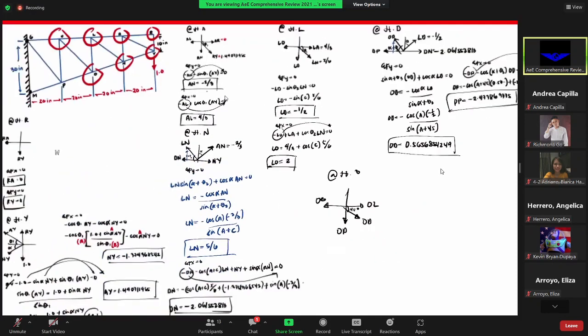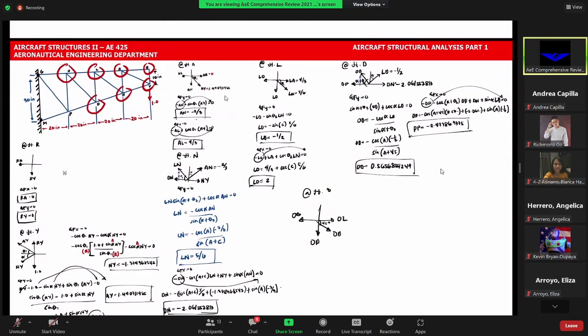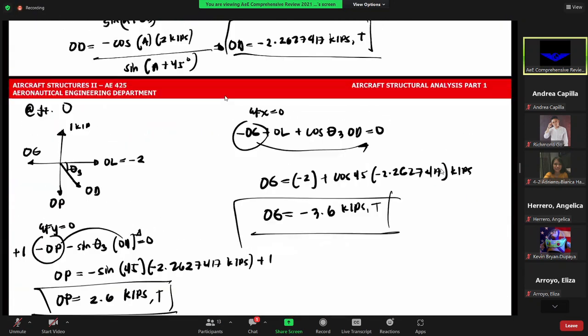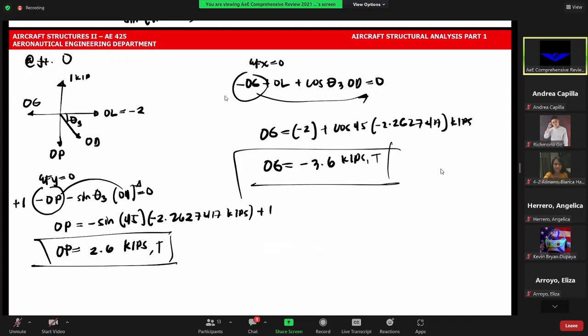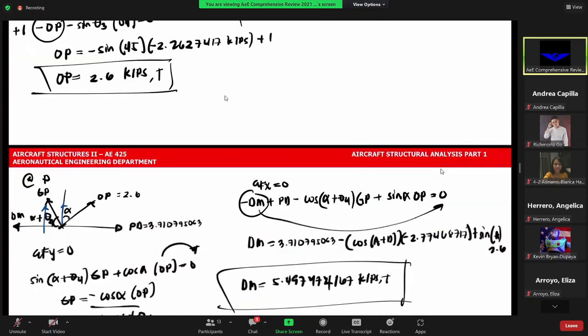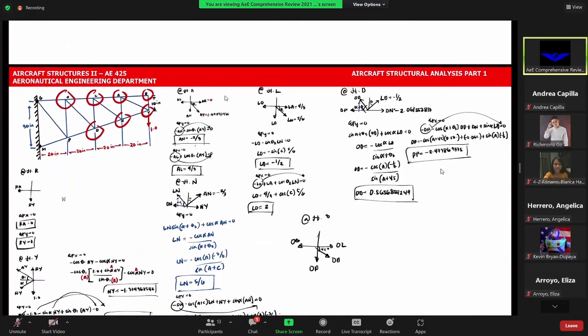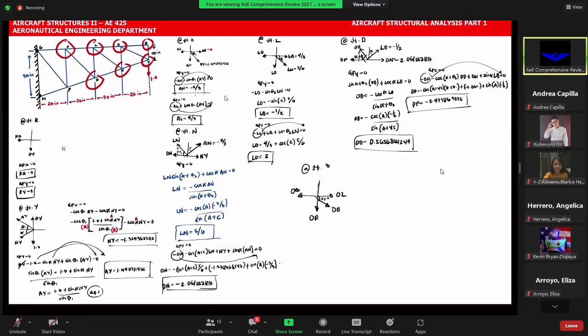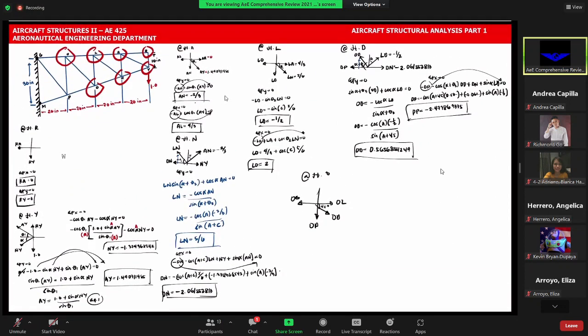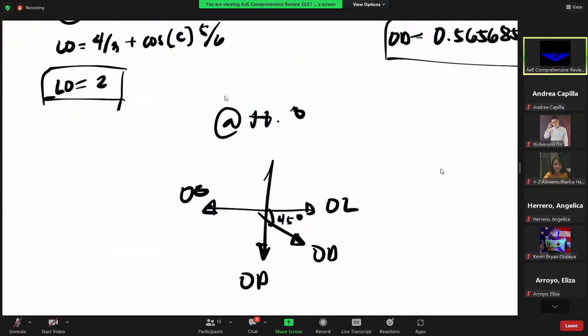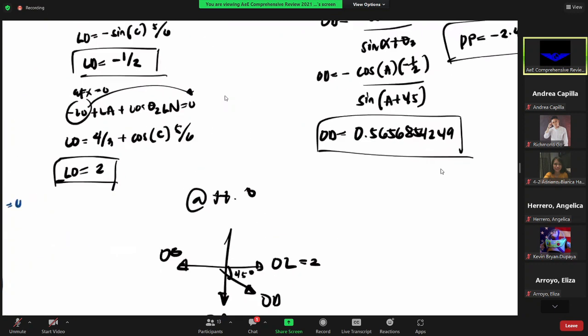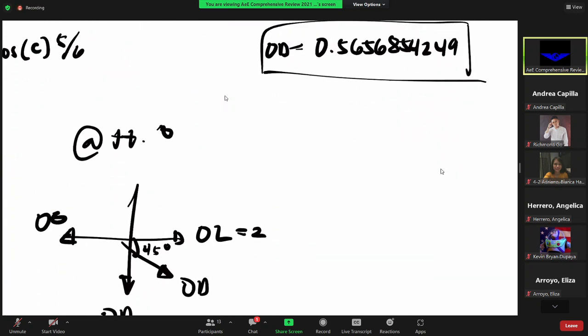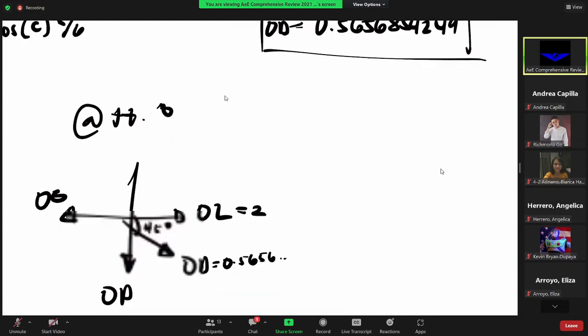That is 45 degrees. So, check natin if theta sub 3. So, yon theta sub 3 as you can see, that is 45. OL natin is 2. As you can see, ayan, no? So, this is 2. OD, ayan, 0.56. So, pero dapat kumpleto yan, 0.5656. Pag in-input nyo sa calcu, dapat kumpleto.